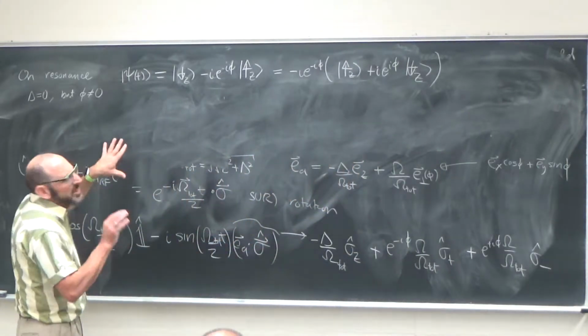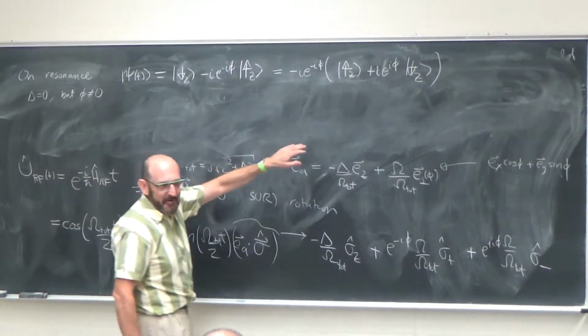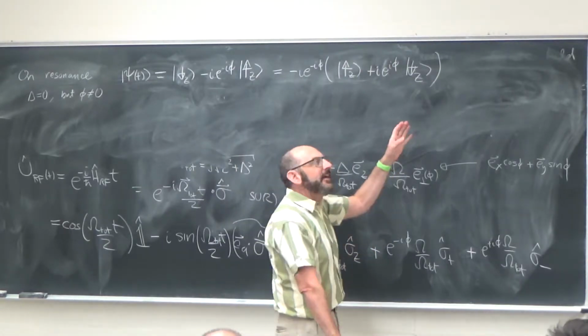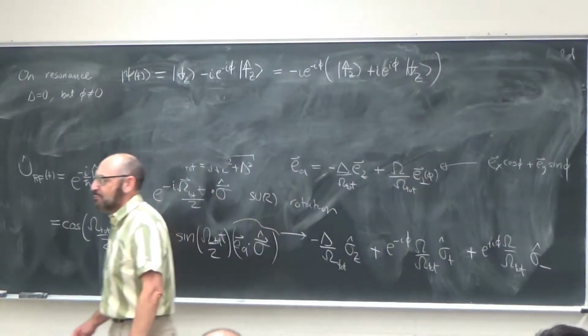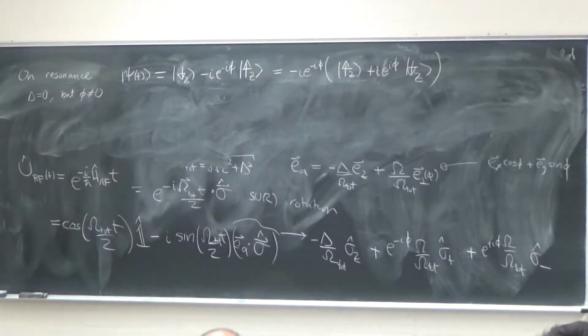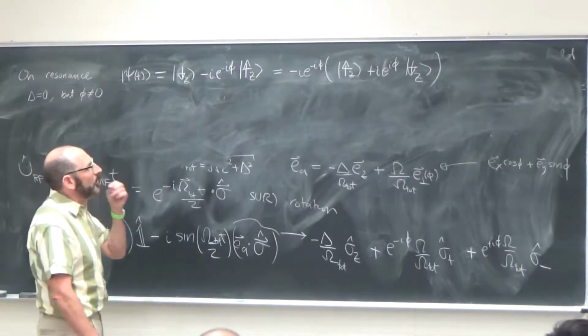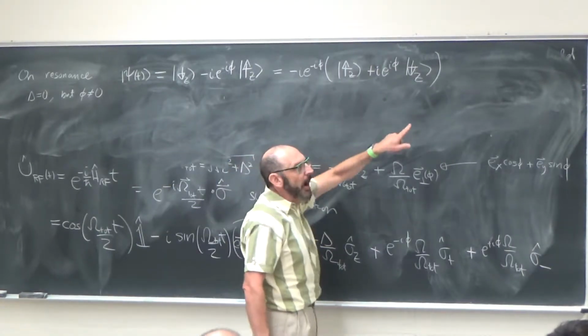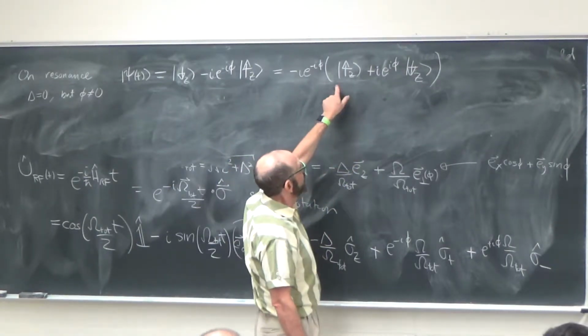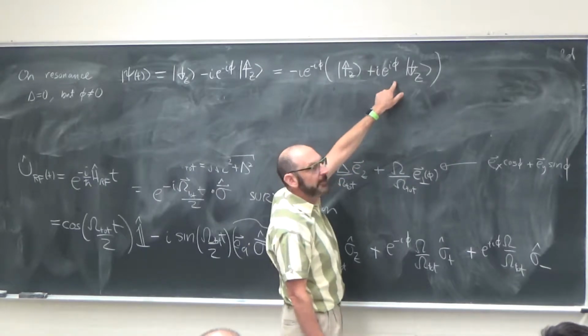Before I do this, let's just play along for a moment. Let's say we've chosen to phase that way because we didn't know better. So this particular state is what? Well, it's a particular superposition that depends on the phase.